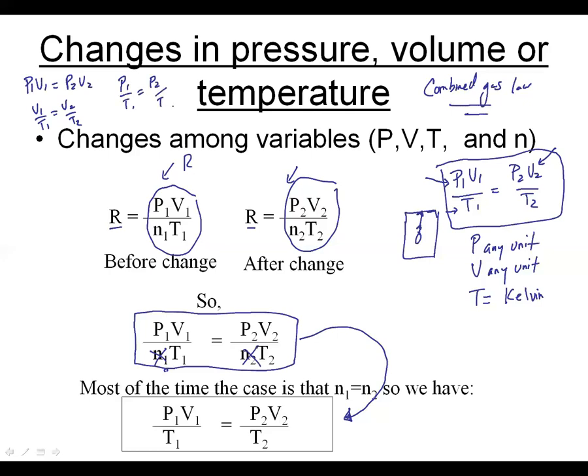So you can use the combined gas law to get to your Boyle's law, your Charles' law, your Gay-Lussac's law, and so forth. If you're concerned about remembering all the other formulas, you essentially can remember the combined gas law and remember: this is at constant temperature, so get rid of the temperatures; this is at constant volume, so get rid of the volumes. You'll be able to figure out all the other gas laws from this one. Any questions on that?